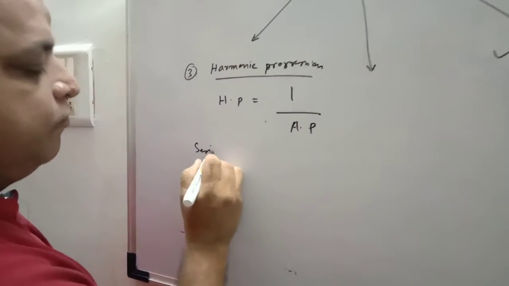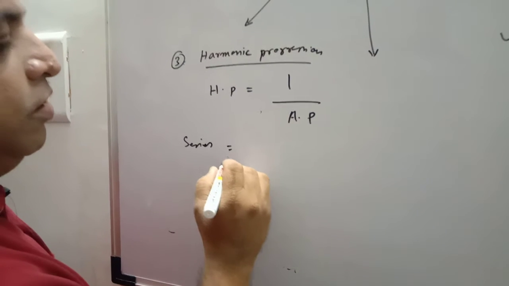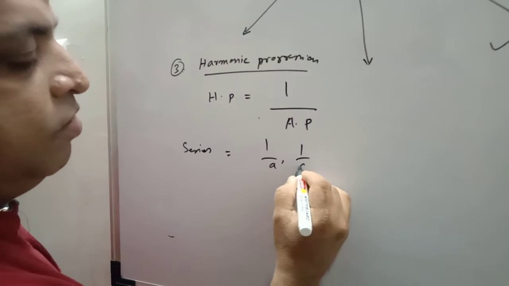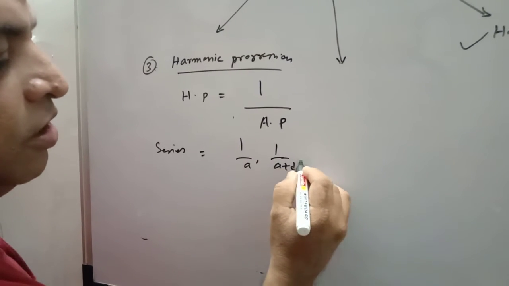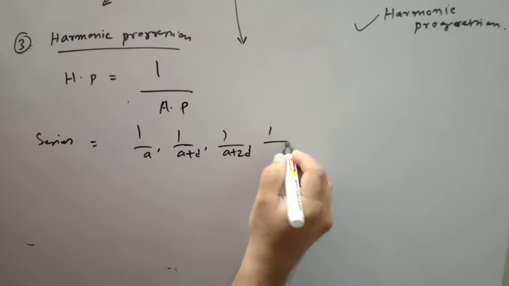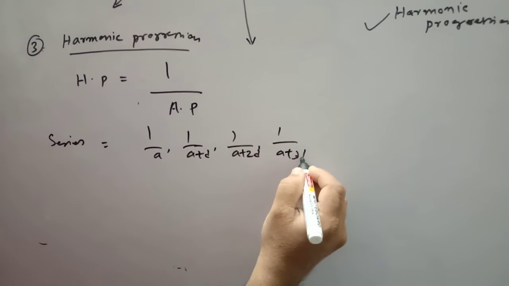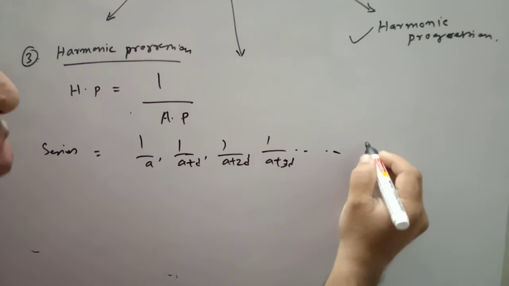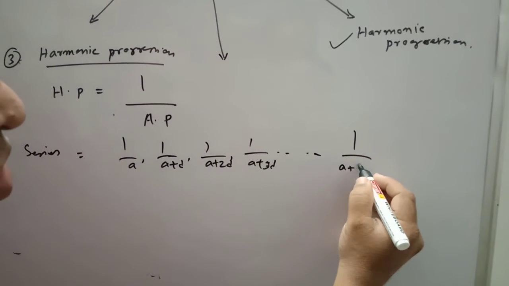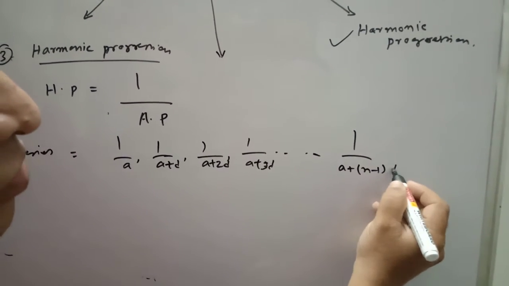We will talk about the series of HP. HP is 1 by A, 1 by (A plus D), 1 by (A plus 2D), 1 by (A plus 3D), and so on to the last term, the nth term, which is 1 by (A plus (n minus 1) into D). This is called the last term.